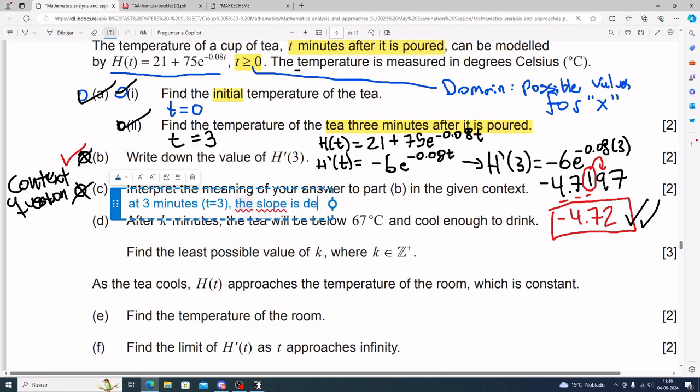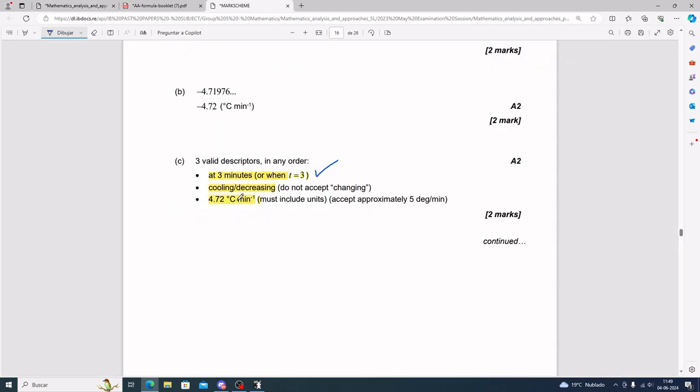The slope is decreasing, right? And so that is the second point you can get. They don't want you to say changing because you have to let the evaluator know whether it is growing or decreasing. If you say changing, they know you're not being specific.